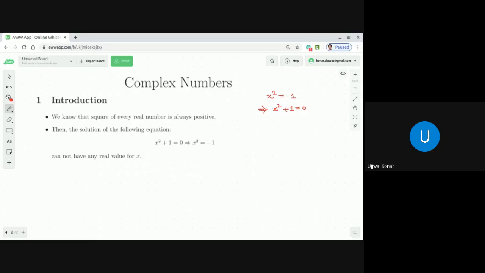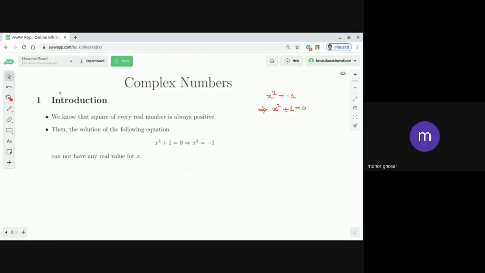Then what are those values? Okay. So there is a fundamental demand that we should discuss this. There is a need to define different systems so that we can define the solution to an equation like x square equal to minus 1.